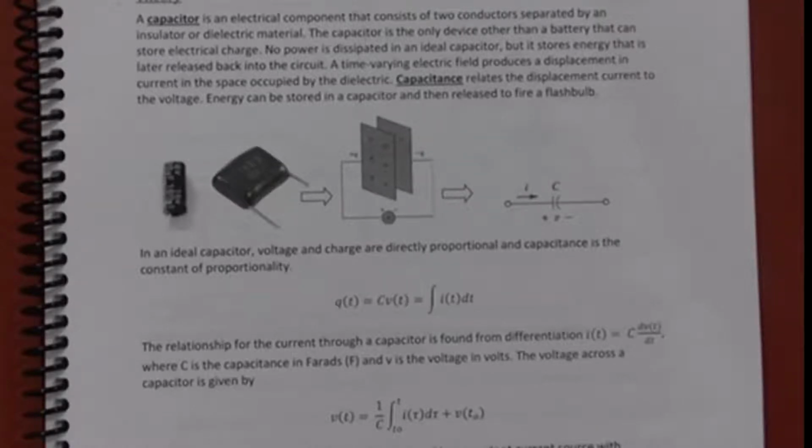Just like an inductor, no power is dissipated in the ideal capacitor because it stores energy and then at some later point releases it back into the circuit. It has a time-varying electric field that produces a displacement current in the space occupied by the dielectric. So capacitance relates the displaced current to voltage. And energy stored in a capacitor can be used and released to fire a flash bulb.